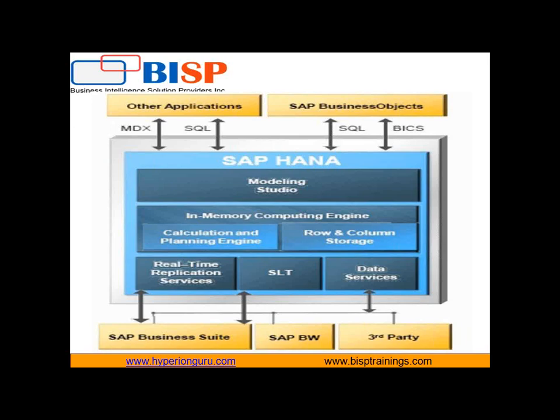If it is non-SAP, such as Microsoft, we will use MDX connectivity to get connected to the reporting layer. If it is something like Business Objects, we can use SQL, and if it is Business Objects specific tools, we can use BICS. We will discuss in depth how we get connected, in each and every area, on this particular screen.